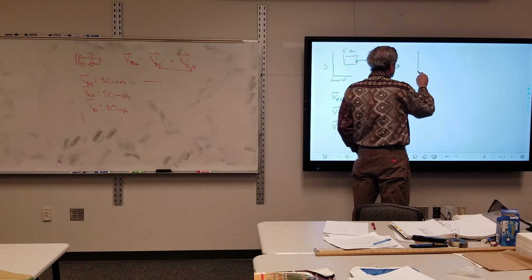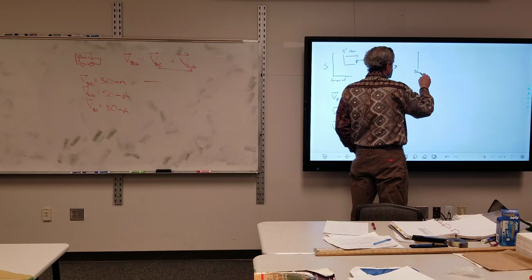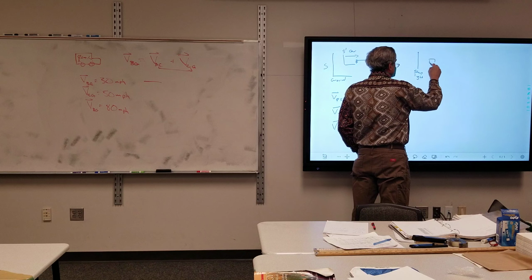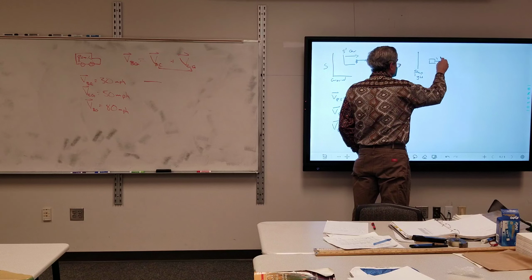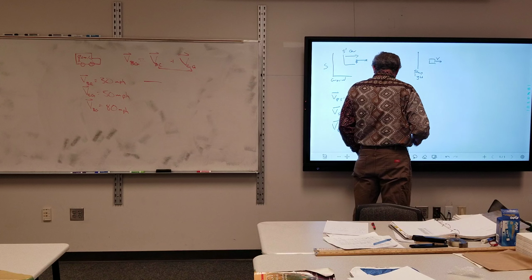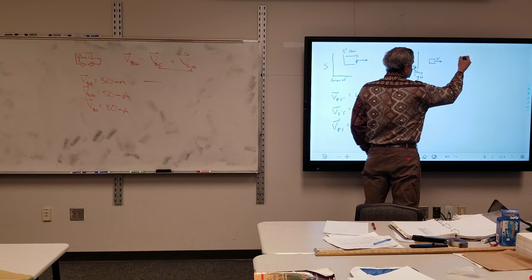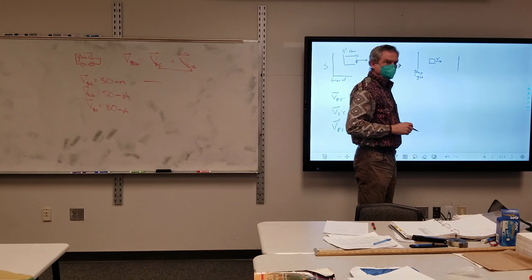So if I've got, let's say, a stoplight here, and I have a car that's traveling that way at some speed v. And there's something that's happening over here.